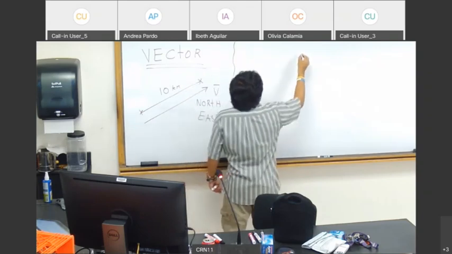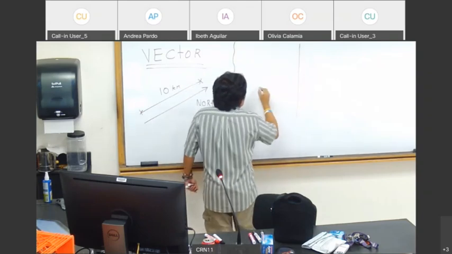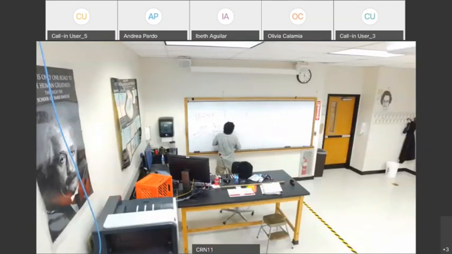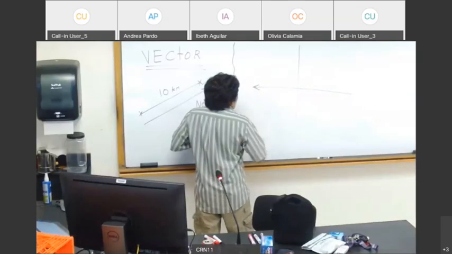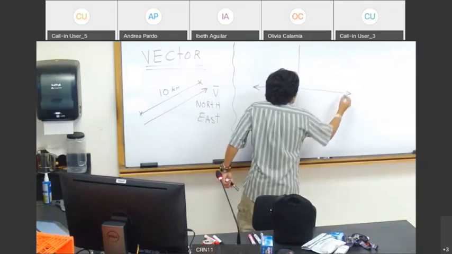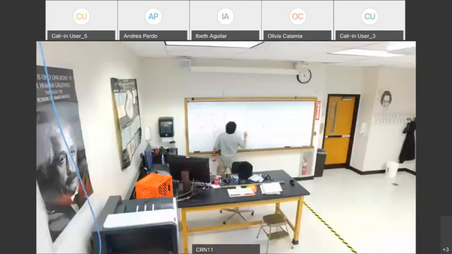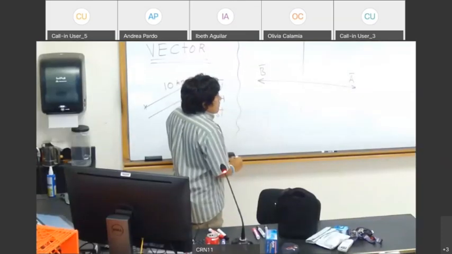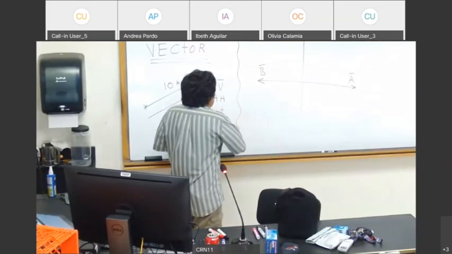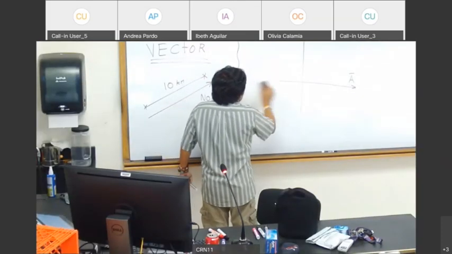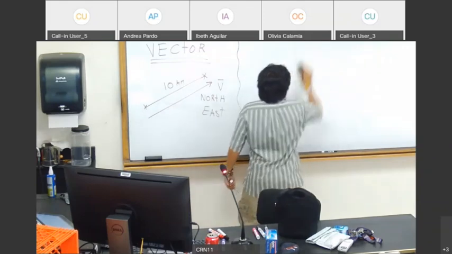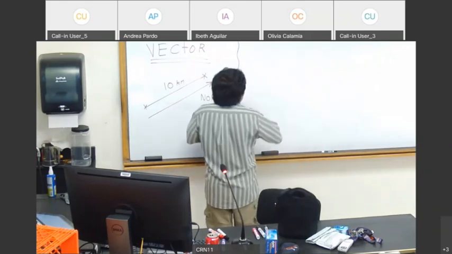On the plane, you can have a vector going to the left or a vector going to the right. In fact, let's make it simpler and just draw vectors on the plane.